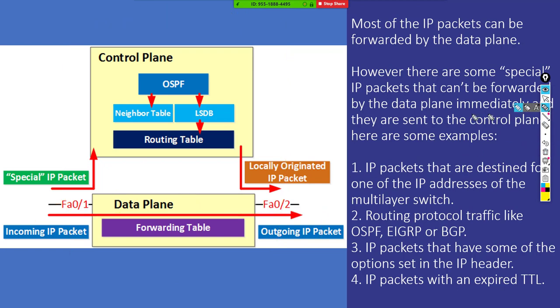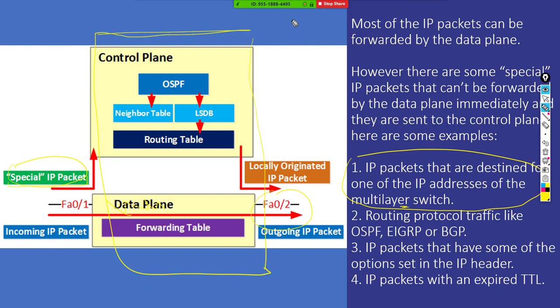But there are some scenarios when the data plane cannot make that decision, and we call those packets special packets. The first condition for a packet to be called special is if the packet is destined for one of the IP addresses of the multi-layer switch, meaning the destination is residing on this switch itself.